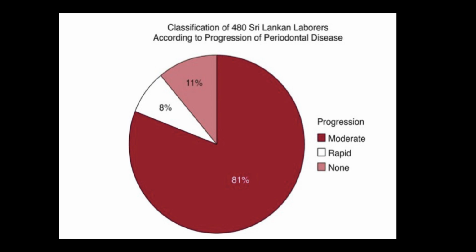You can see that 81% of the Sri Lanka tea laborers developed moderate periodontitis, while 11% had no periodontal disease, and only 8% had rapid severe periodontal disease.